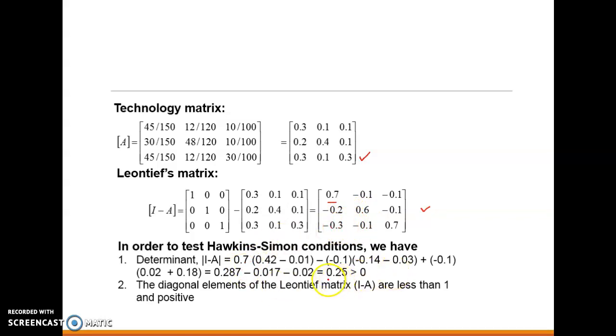So the value is 0.25, which is positive. So the first condition is satisfied.